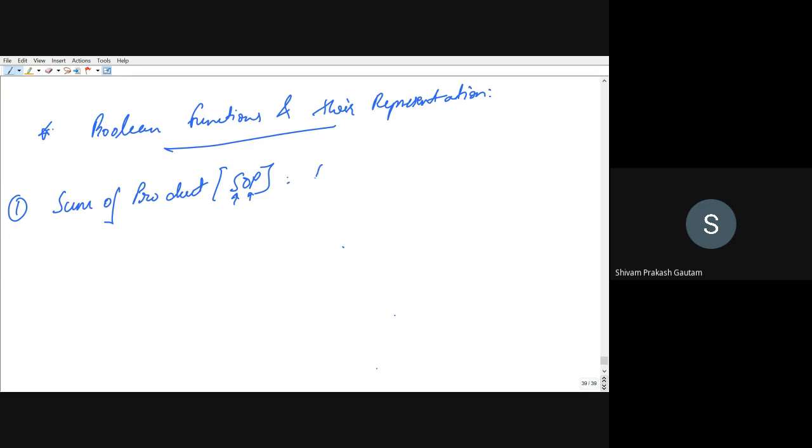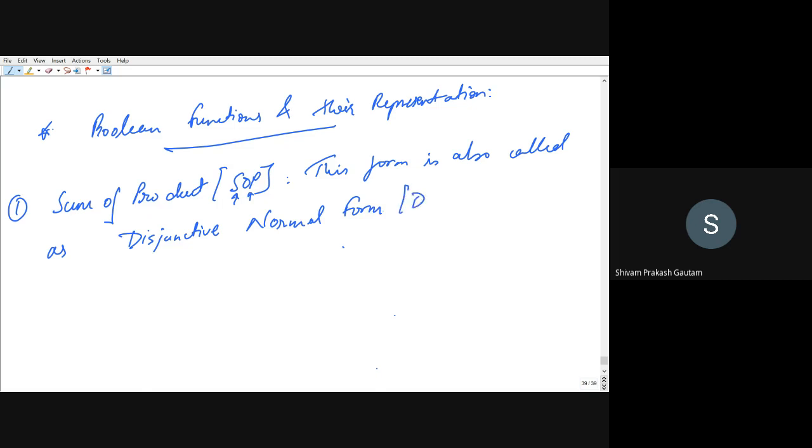So this form is also called disjunctive normal form, that is DNF. For example, if we are having a function of 3 variables, a, b, c, let us say that we are having a function that is a bar b plus b bar c. This is just a random example. Let us suppose we are having this as a function.